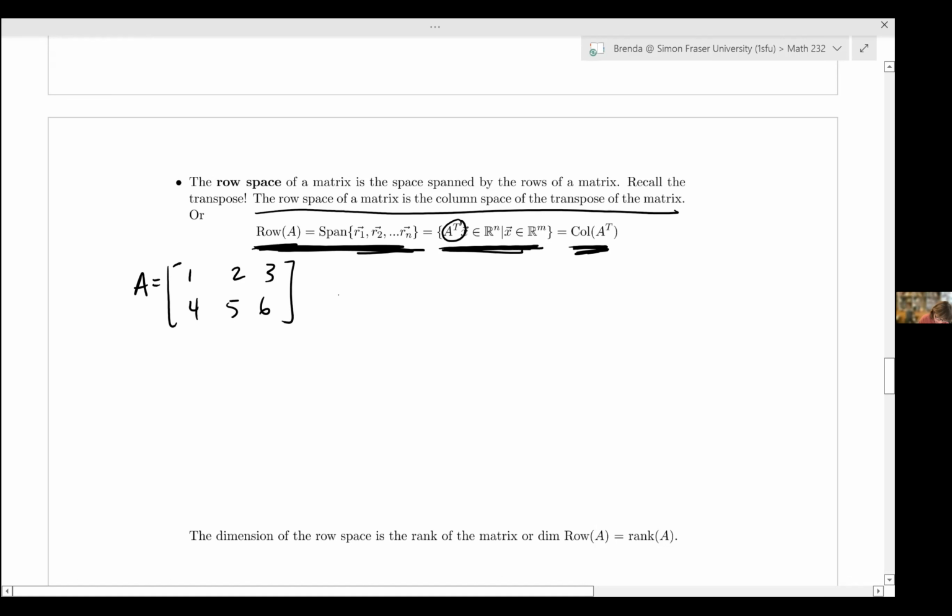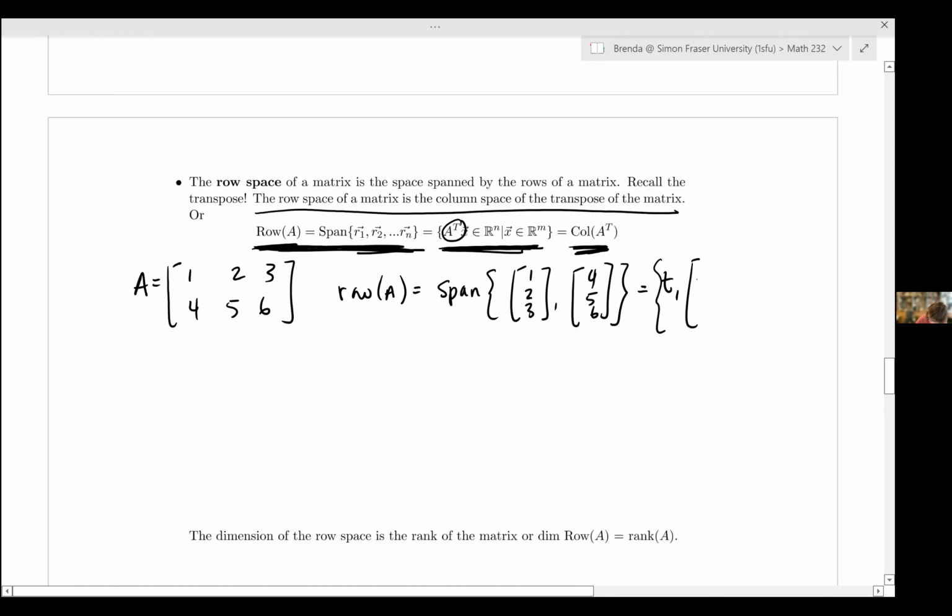There's A. The row space of A is equal to the span of 1, 2, 3, that's the first row, and 4, 5, 6, which is all linear combinations of those vectors. Let's take that away, actually. And t1 and t2 are both real numbers. Okay, so that's what the row space is.